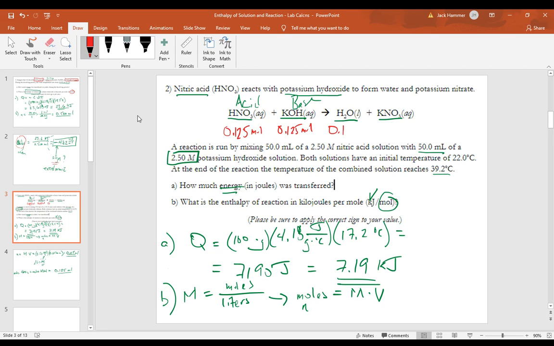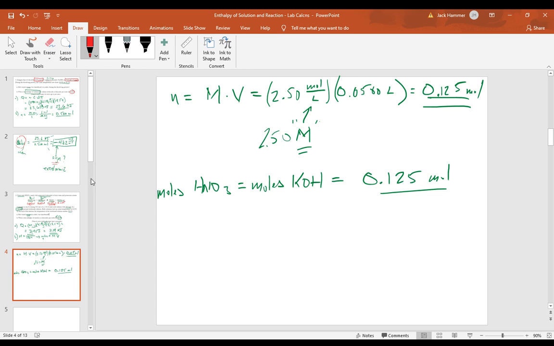And if you're thinking 0.125 of each, you are exactly right. It's 0.125 all across the board. So this is indeed the value that we need to use when we calculate the kilojoules per mole. So now we're in a position to do that.